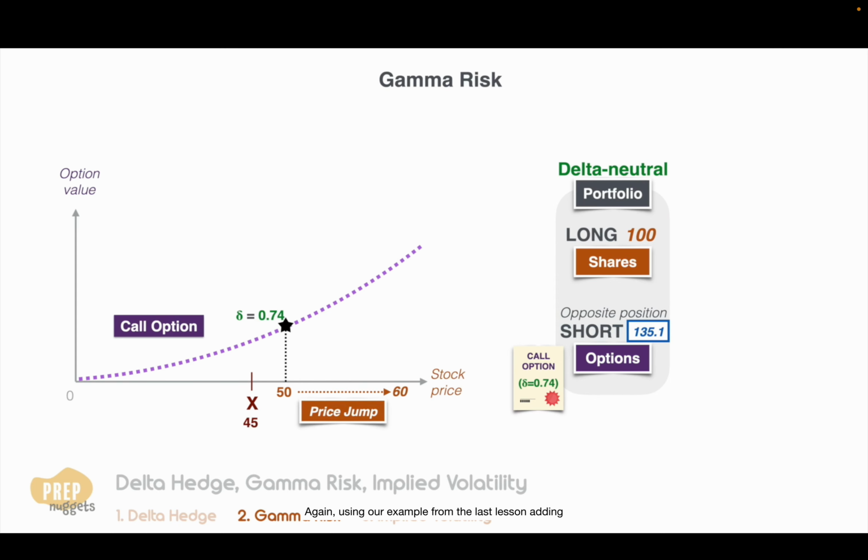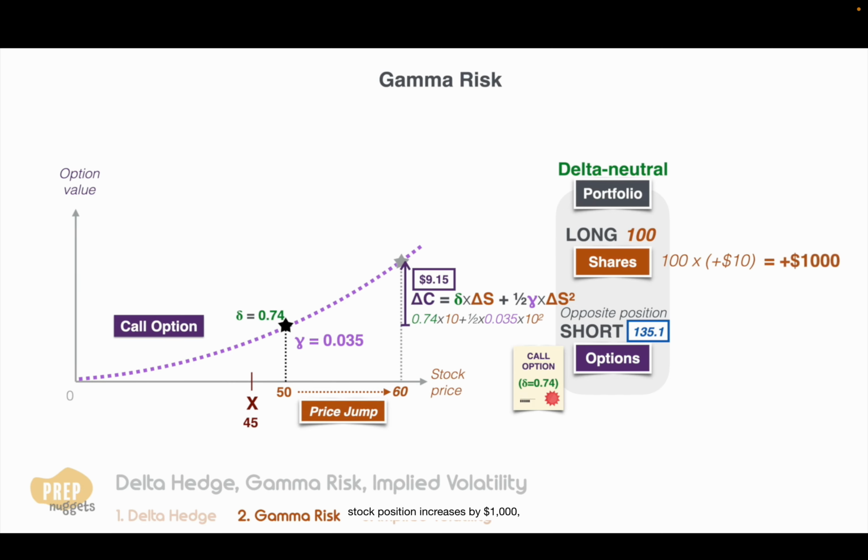Again, using our example from the last lesson, adding gamma adjustment, we've estimated that if the stock price jumps from $50 to $60, the call price would change by $9.15 if the stock price jumps $10. So for our delta neutral portfolio, the stock position increases by $1,000, but the short call position decreases in value by $1,236.